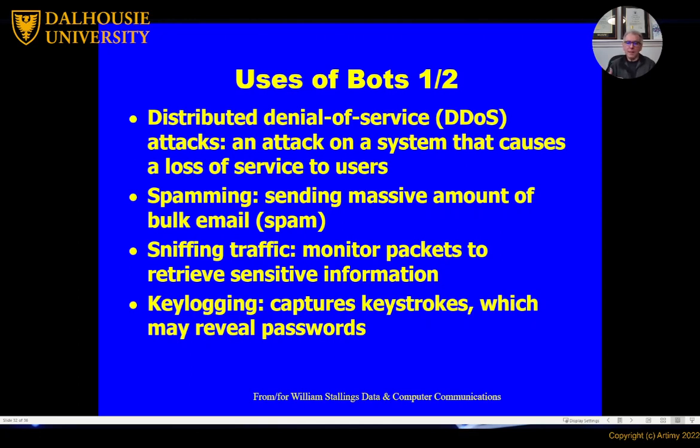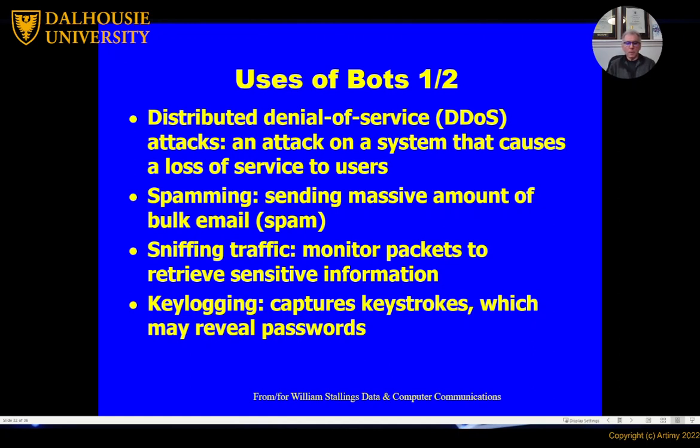At least it's annoying. It fills your mailbox with useless email, but sometimes the spam itself is used to spread viruses. So spam comes from a lot of directions, and one of the uses of bots is to generate such spam.